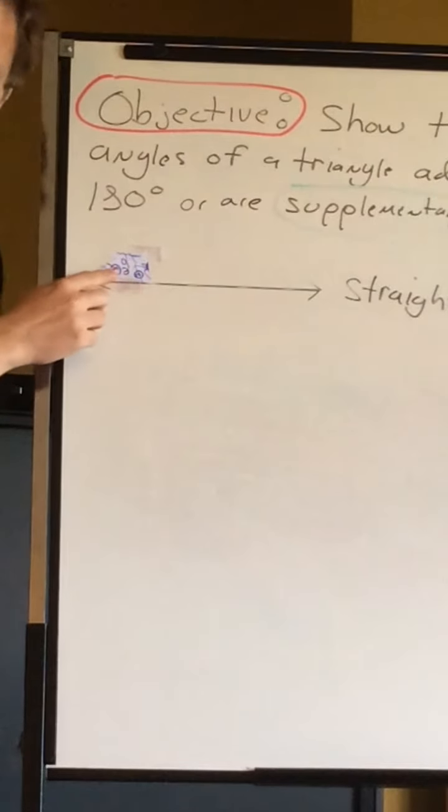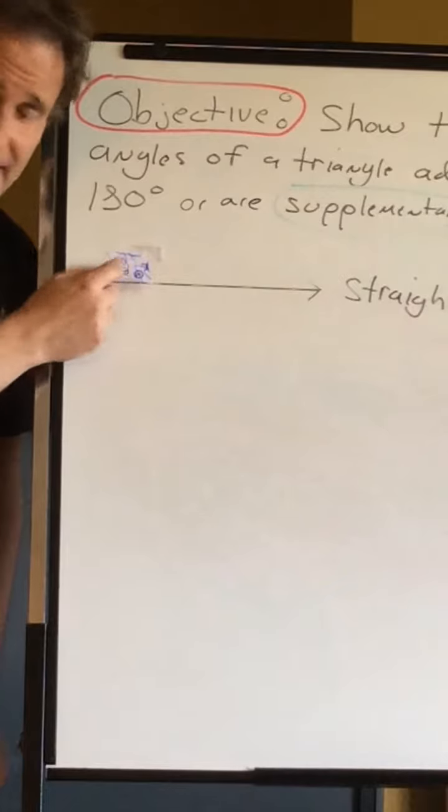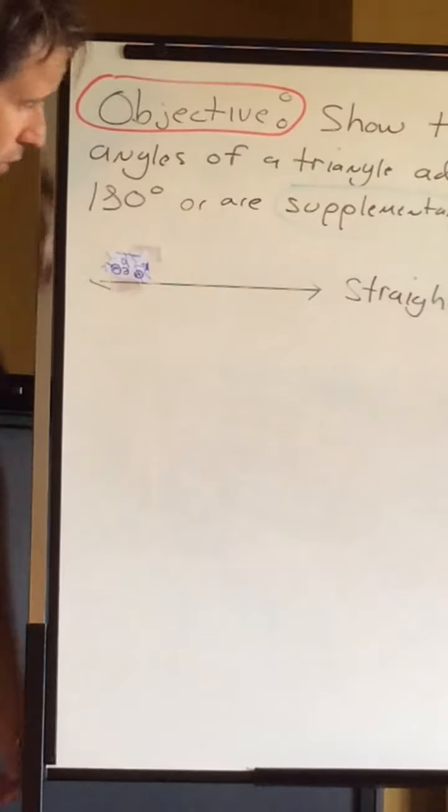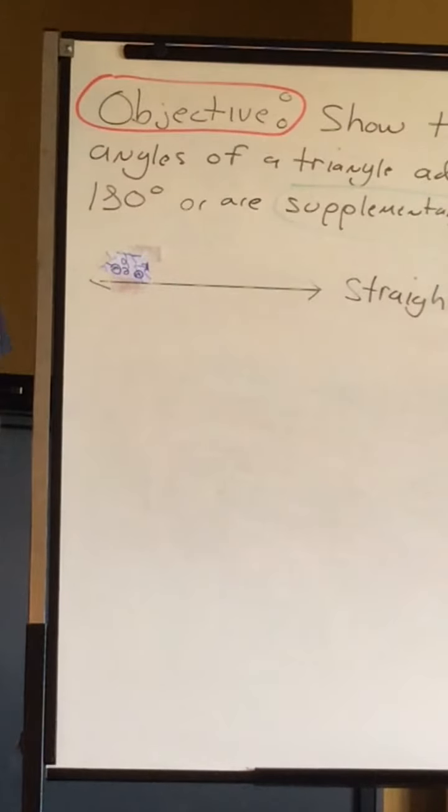And basically what we have, if you look, all three of these angles make a straight line. So on my acute triangle, I demonstrated that all the angles are supplementary or add up to 180.